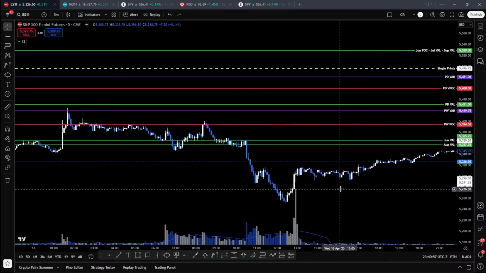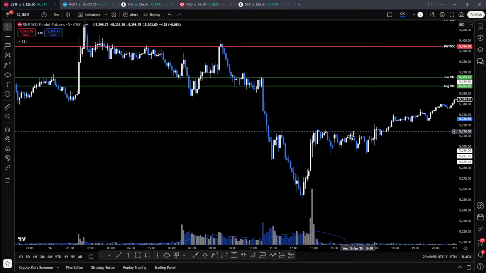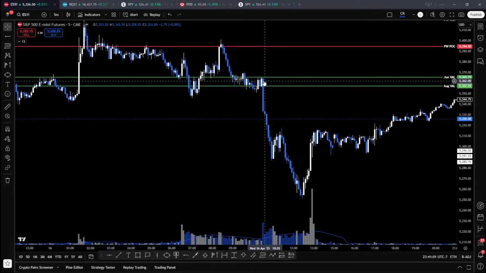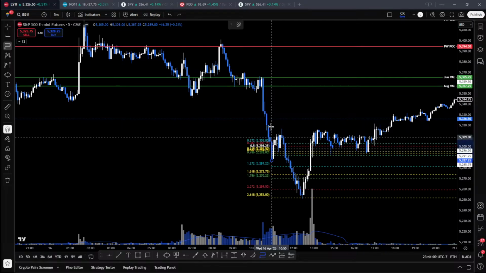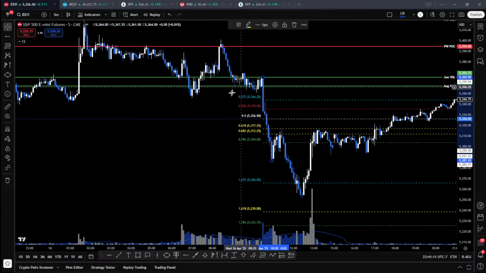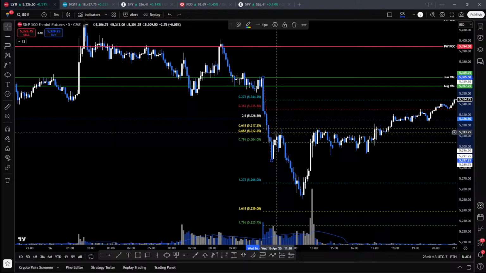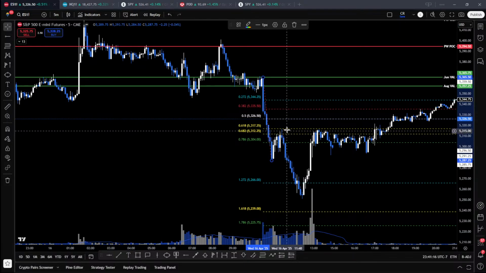This is probably actually a really good example. From here where we got a big sell-off, as soon as they start to bounce is where you would draw your fibs, something like this. And you would be looking to get back in at the golden pocket right here.